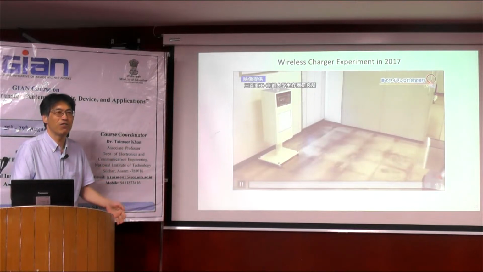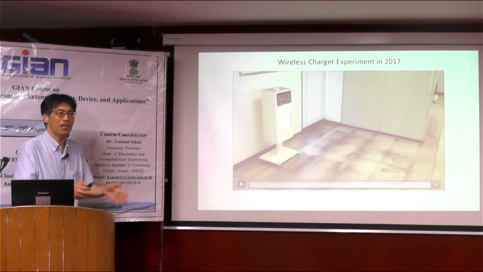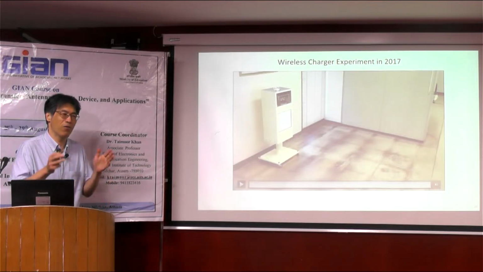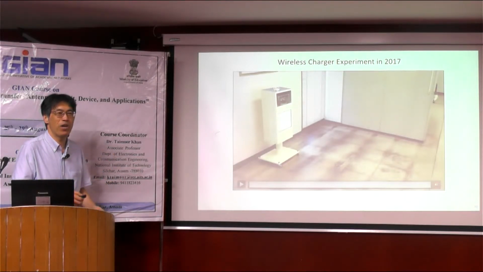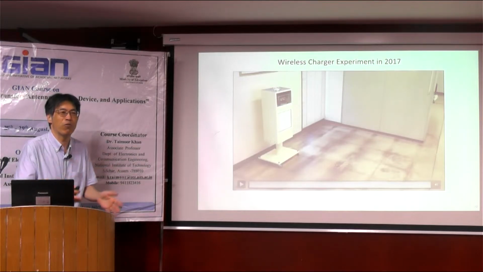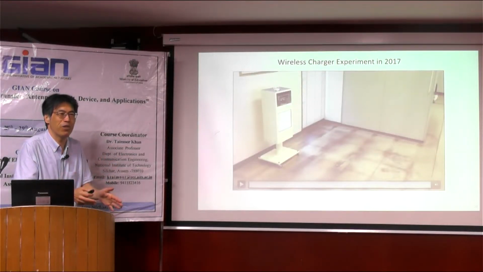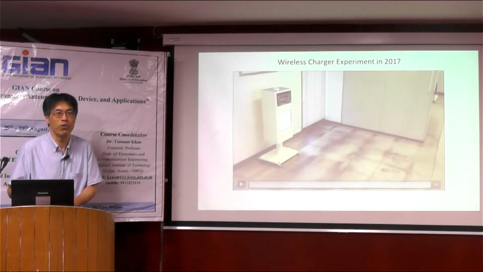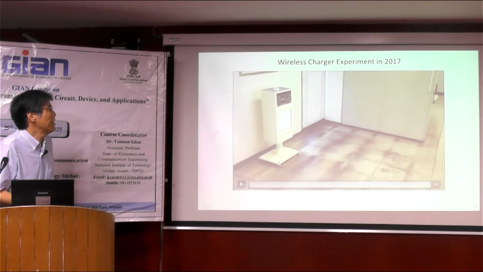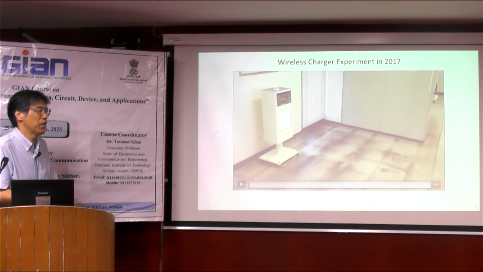This is one example of a wireless charger at a very short distance. I suppose you consider it very similar to coupling WPT, like a mobile phone wireless charger. If we use a short distance, there is no difference between inductive WPT and radiative WPT. I think this is one good approach to keep high efficiency with a radiative WPT system.